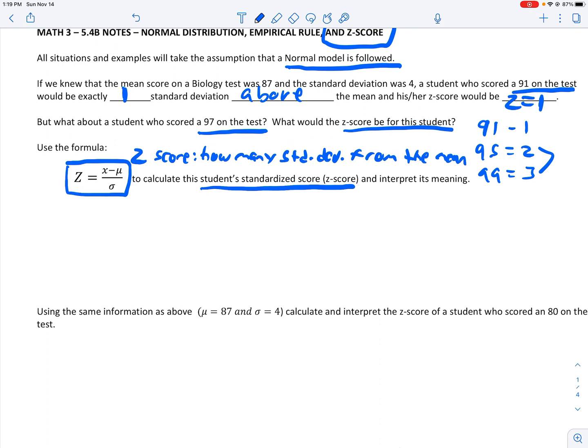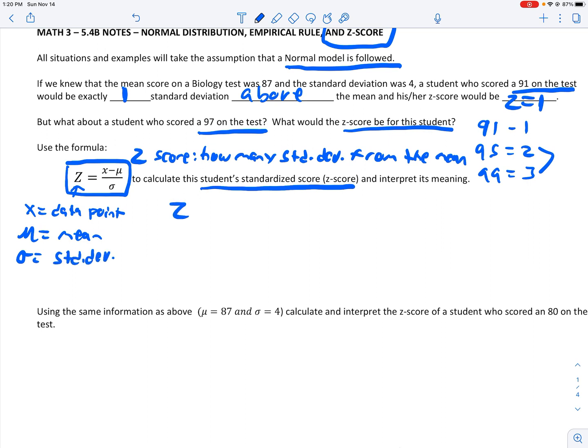Okay, so let's calculate the 97. So notice there are 4 letters there. This is the z-score. Right? X equals the data point. Right? Mu is the mean. Sigma is the standard deviation.